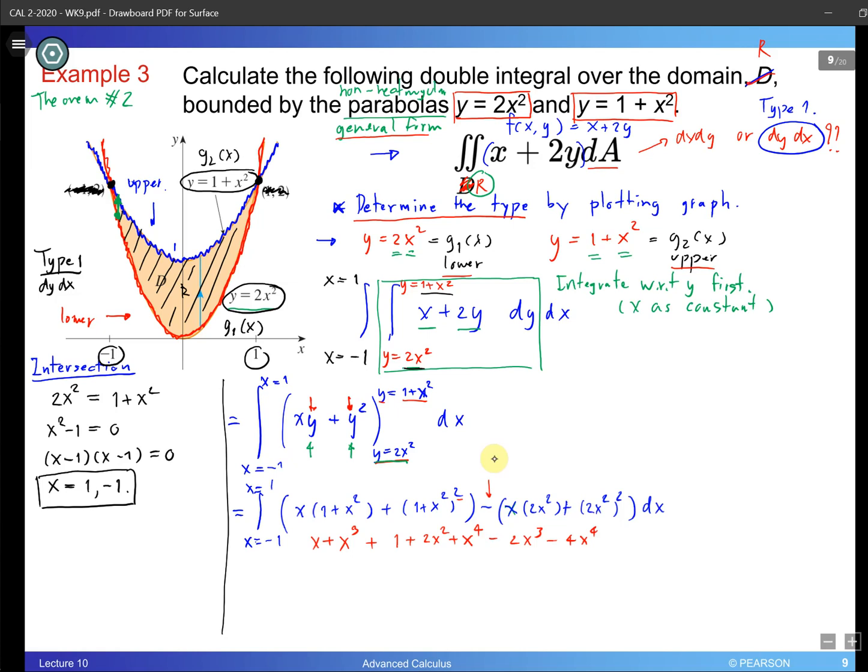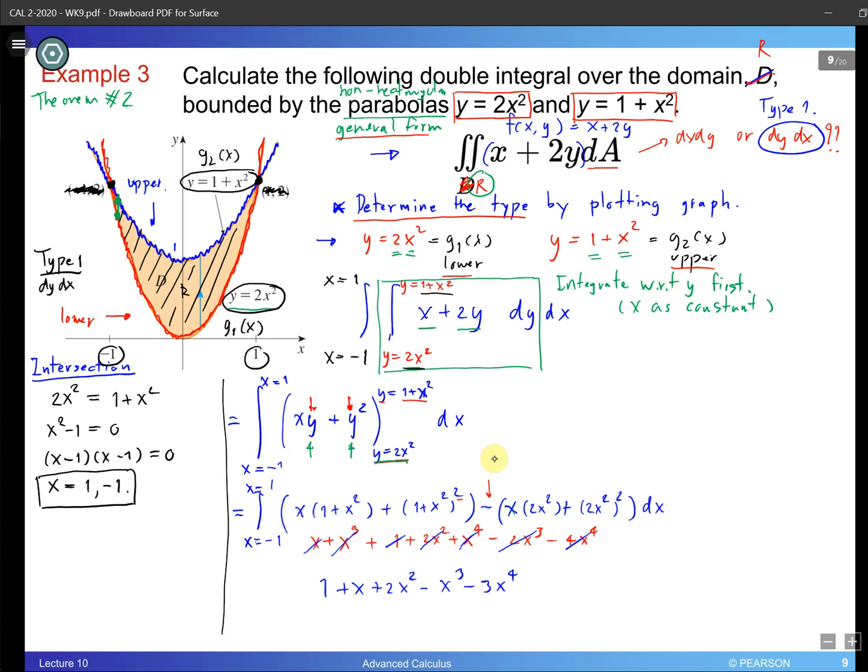Okay, now I'm going to combine all these terms. It's going to be 1 first, right here, and we have x plus x, which is 2x, and we have 2x squared plus 2x squared. x cubed minus 2x cubed is going to be minus x cubed. x to the 4th minus 4x to the 4th, I have minus 3x to the 4th.